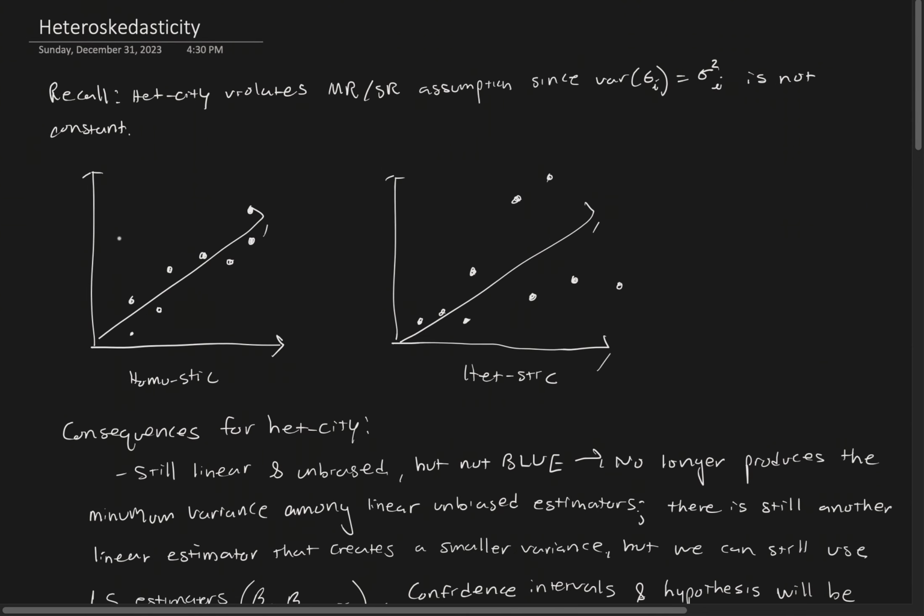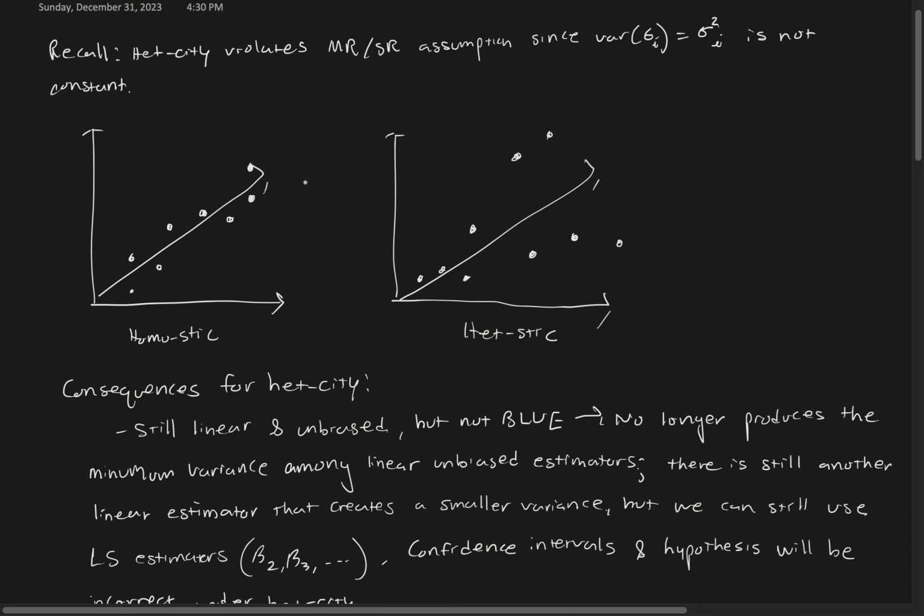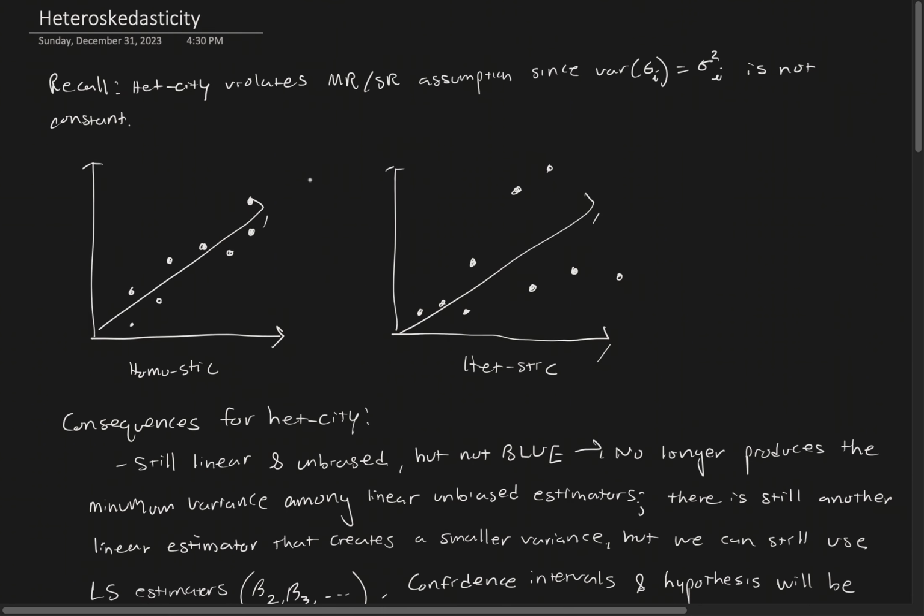So for this video on heteroskedasticity, recall that heteroskedasticity means it violates the simple regression or multiple regression assumption of the variance not being constant.